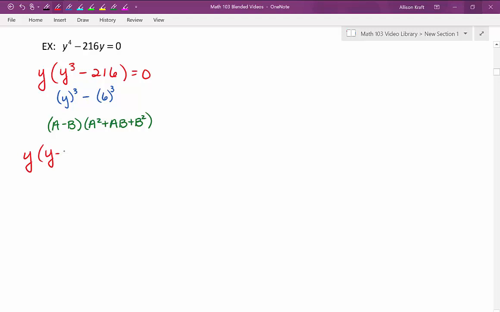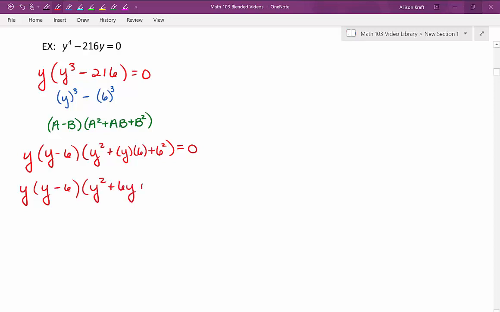And then we have y minus 6 times y squared plus y times 6 plus 6 squared equal to 0. I want to clean up that last factor. y times y minus 6 times y squared plus 6y plus 36 equals 0.